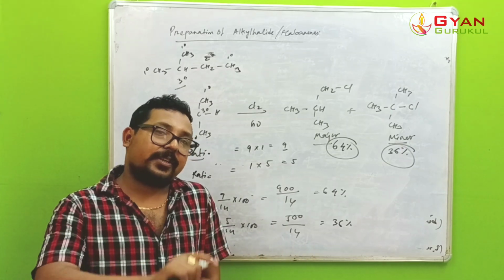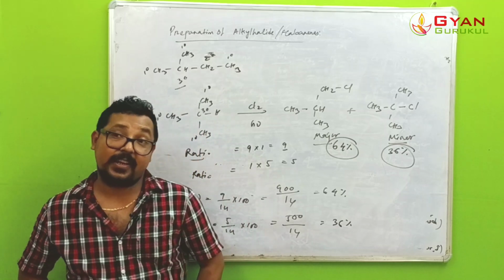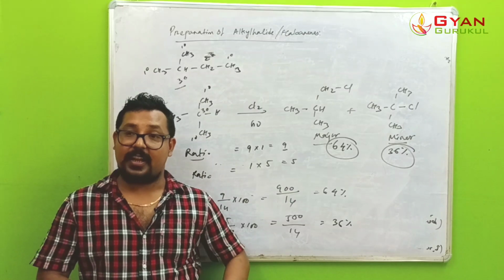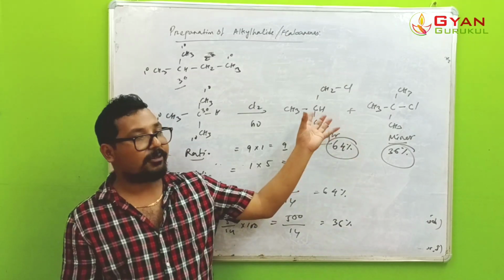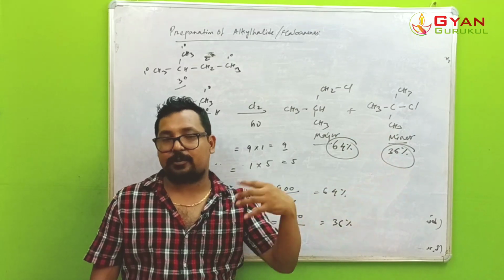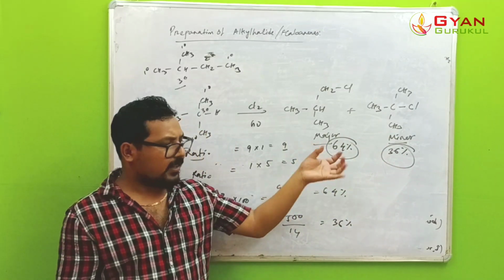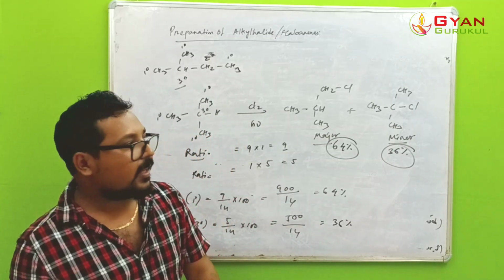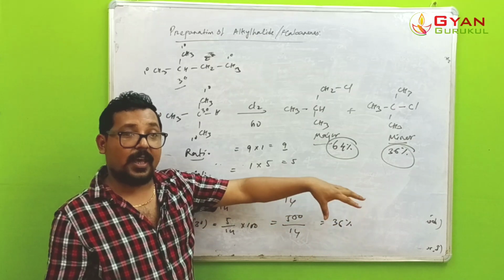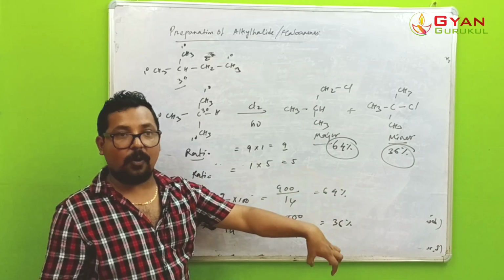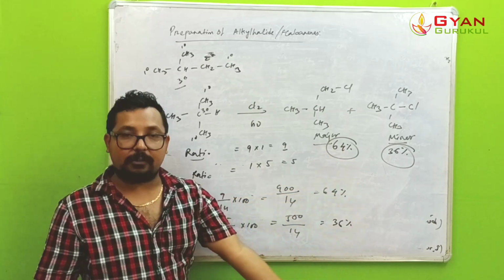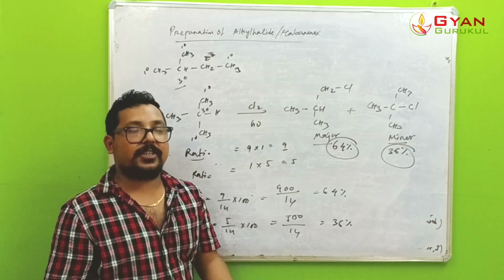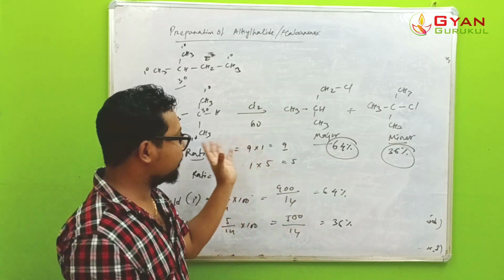Lucas reagent is a mixture of concentrated hydrochloric acid and ZnCl2, and it is used to distinguish primary, secondary and tertiary alcohols. In the alcohol chapter we will discuss the Lucas test. With mechanism, we'll discuss the reaction of alcohol with thionyl chloride, called the Darzens method. This is the best method for preparing alkyl halides or haloalkanes from alcohol.